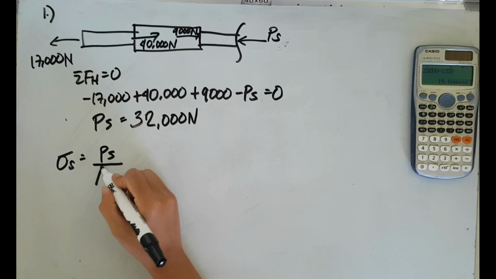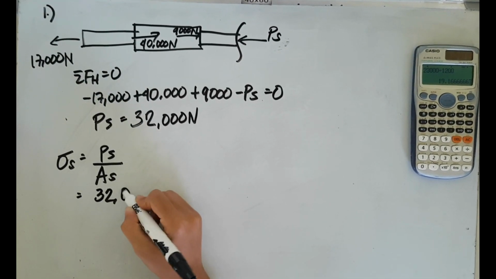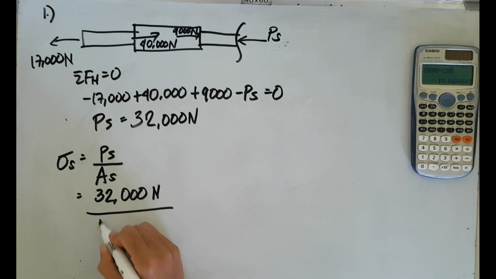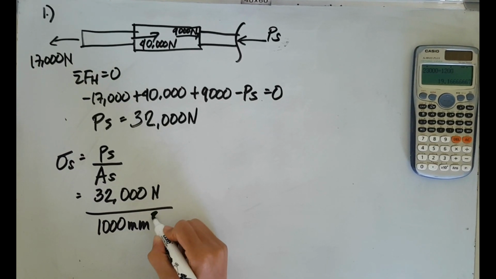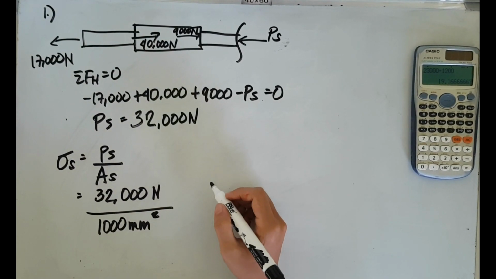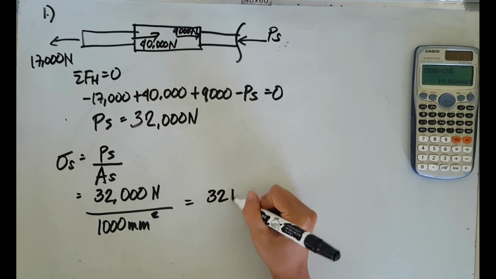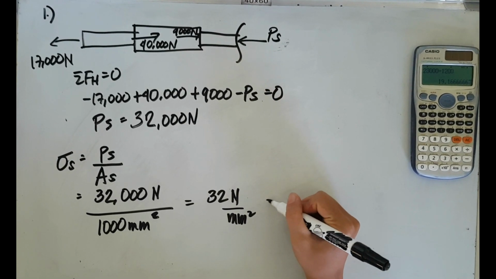Therefore, the actual load is equal to 32,000 Newton. So the stress would now be equal to 32,000 divided by the cross-sectional area, which is 1,000 square millimeter.